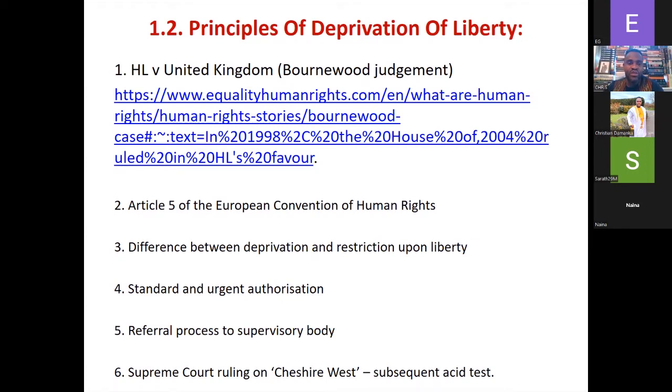So then we also have referral processes to supervisory bodies. Now, referrals must be made to appropriate professionals who need to ensure that the due diligence is followed before ensuring that the processes are also monitored accordingly. Now, the Supreme Court ruling on Cheshire West, and the subsequent acid test.